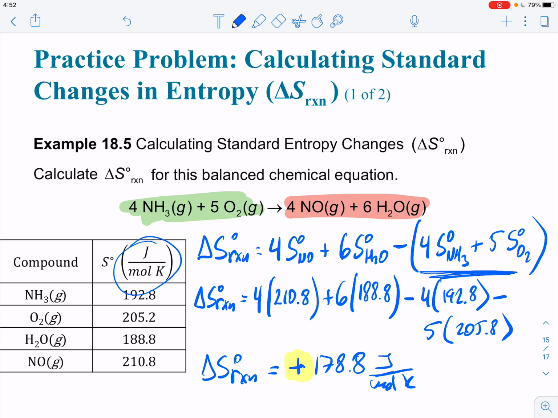Okay? And things that you may notice here as well, and we were doing this before, right? So there are 4 and 5, that's 9 moles of gas. You have, what am I saying? 4 and 6, that's 10. Let me take back what I said. It's positive.